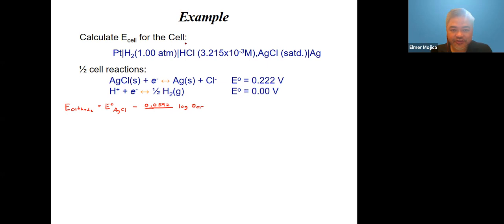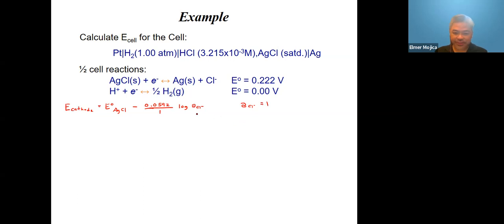Since we only have one electron, that's 1. So what do we need here? The activity coefficient of chloride. But since this is saturated, we can assign it as 1.